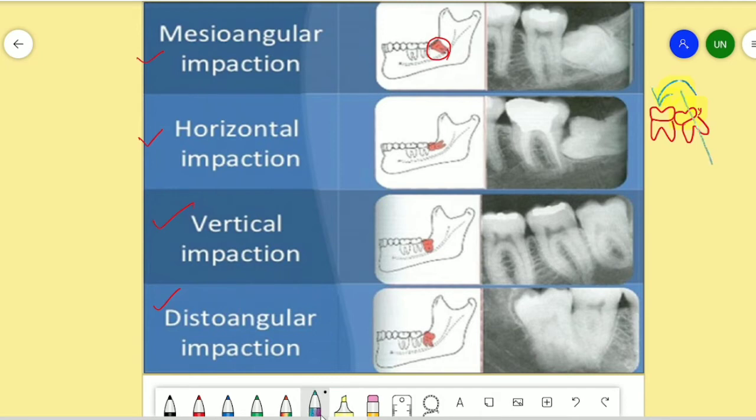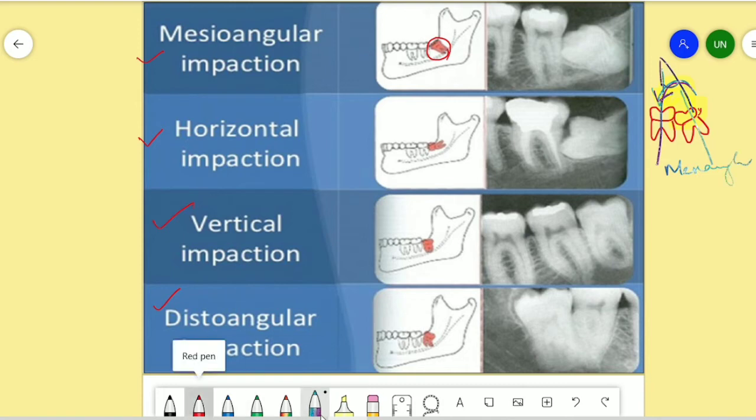This is the long axis of the third molar and this is the long axis of the second molar. Hence, this crown is tilted mesially. The angulation formed by the long axes of these two teeth is called mesioangular impaction.